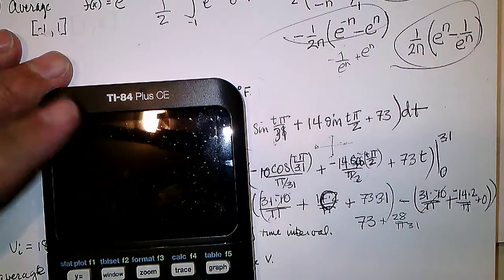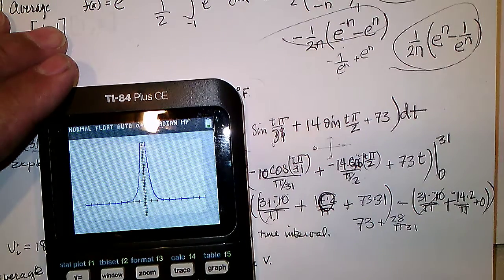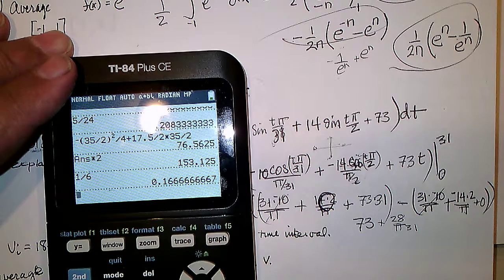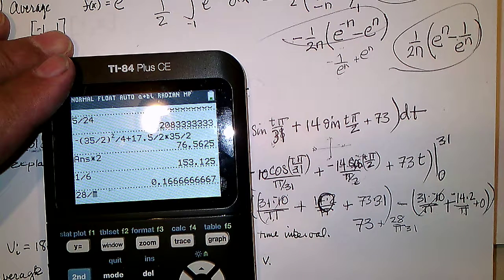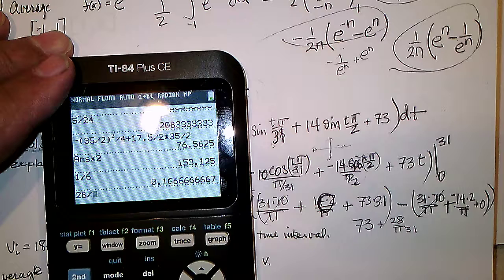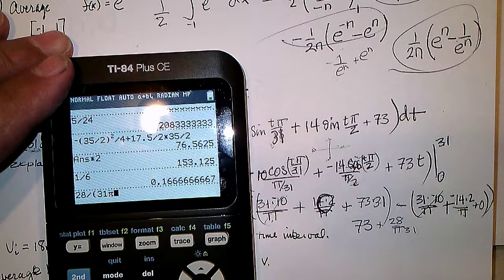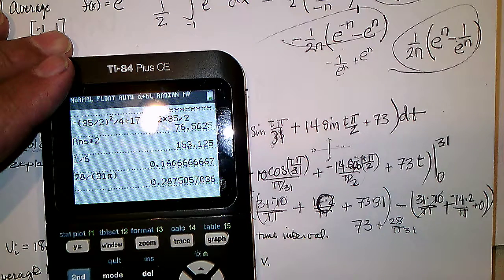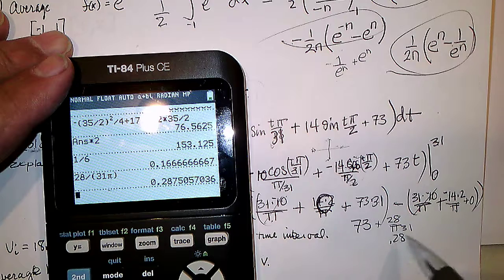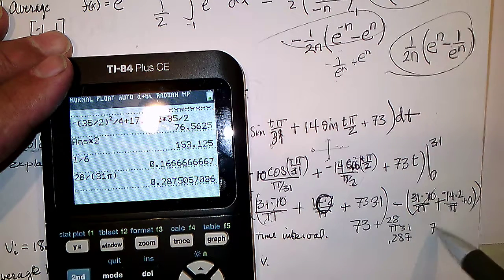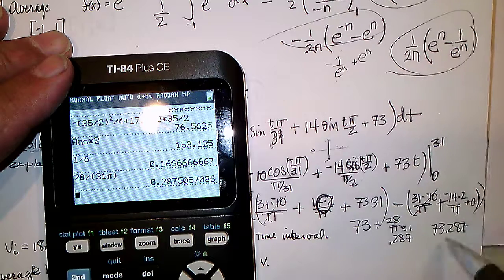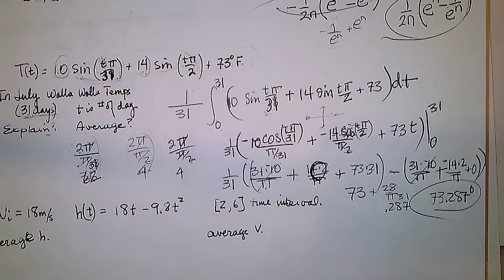We get 28 divided by parenthesis 31 pi, .287, so 73.287 degrees, and I think that's a little bit too small, but it says the average temperature is slightly higher than 73.